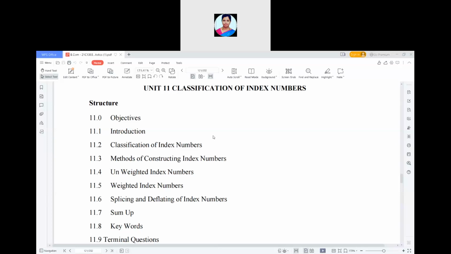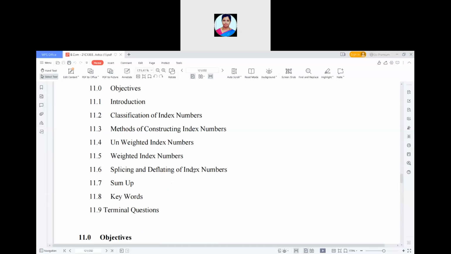And then we have the keywords and terminal questions. So these are the structures we have, 11.0, 11.1 to 11.9.